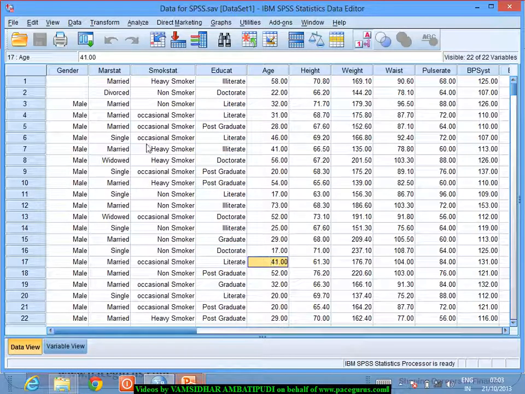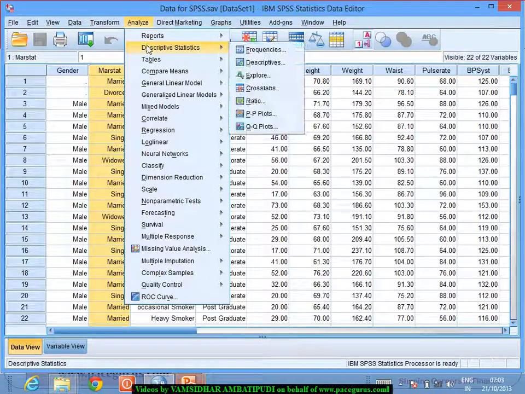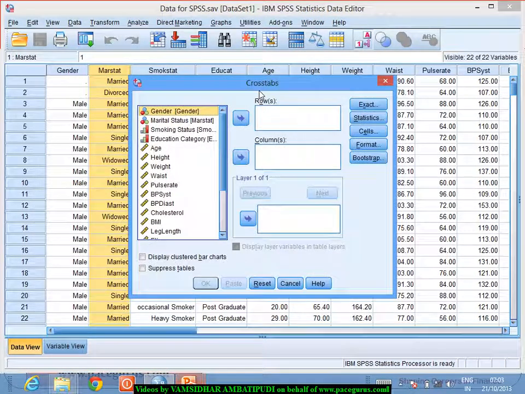So first thing, I'll try to do the relationship between this categorical variable and this categorical variable, one ordinal and one nominal. For that, let me start off. I'll go to Analyze, Descriptive Statistics, Crosstabs.